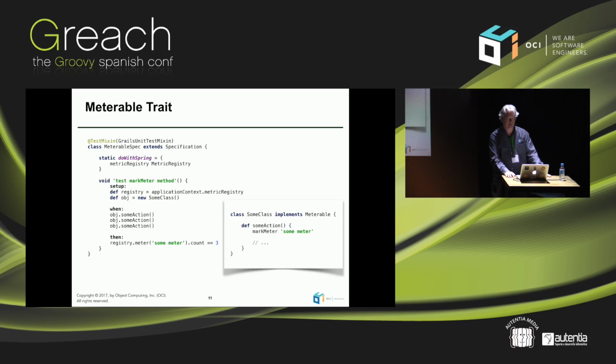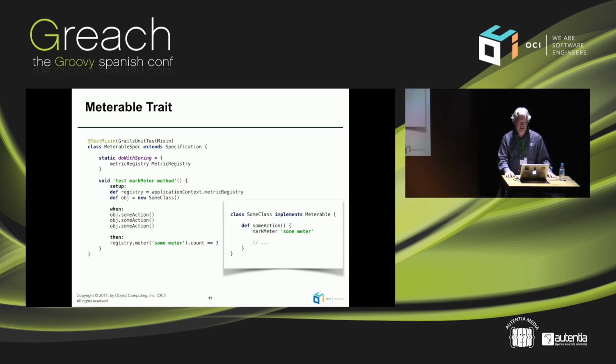One of the things to note there is that in order for the metering to work, there has to be a metric registry instance in the Spring application context. That's why we've got the static doWithSpring block there in the unit test. We're adding a bean called metricRegistry to the Spring application context, and the bean is an instance of the MetricRegistry class. That has to be there in order for the metering stuff to work.